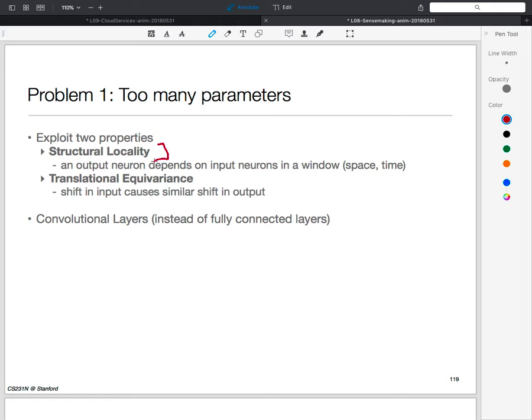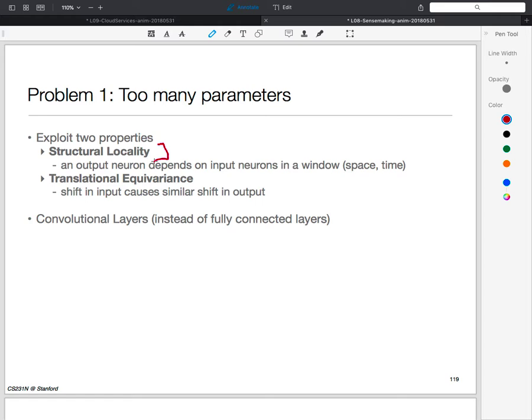So instead of computing something based upon the entire time series or the entire image, we can just focus on a tiny little part. The other thing is translation equivariance.